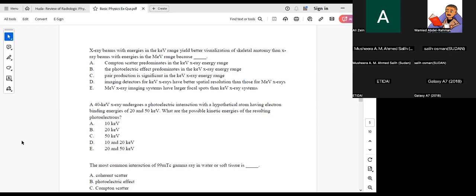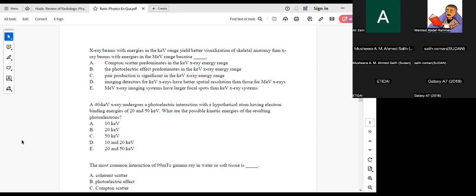It can knock out only the 20 keV electron. The electron absorbs the 40 keV from the photon, and when it comes out, its energy equals the photon energy minus the binding energy. It spends 20 keV to overcome the binding energy, therefore the energy that comes out is 20 keV.